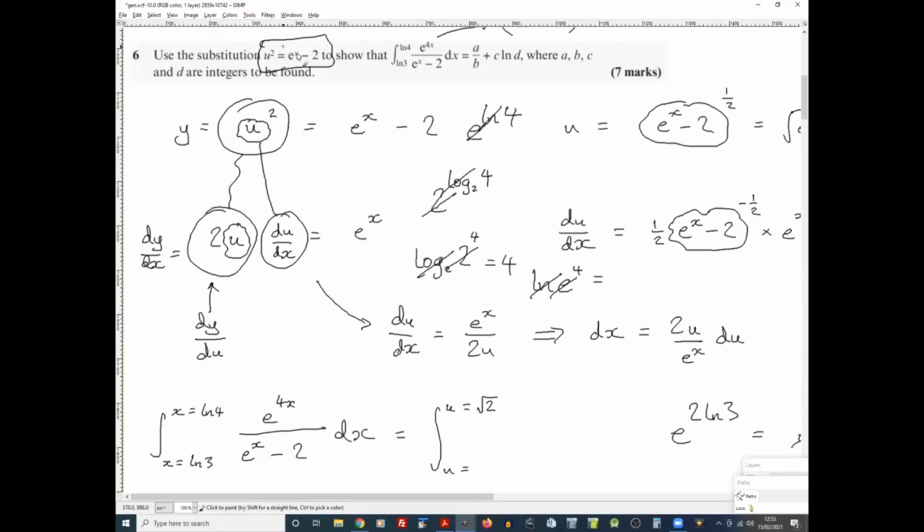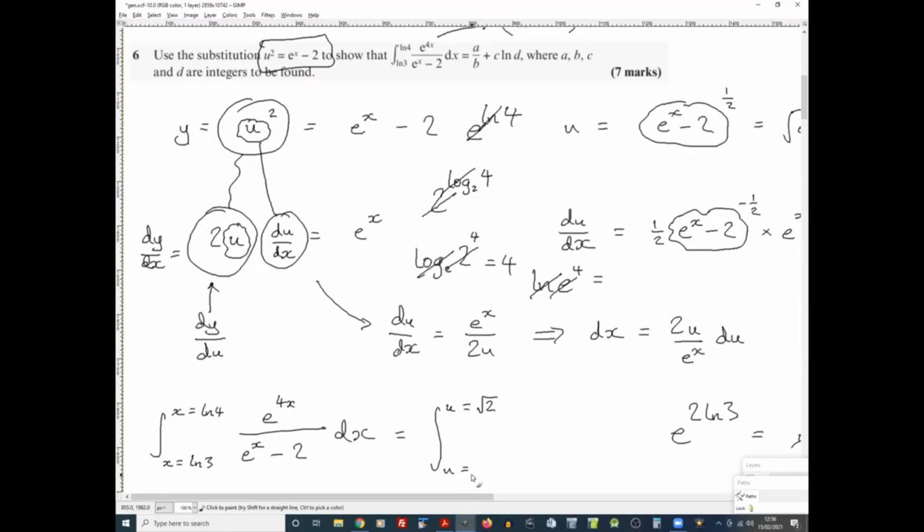When x is log 3, e to the x equals 3, so u squared equals 3 minus 2, which equals 1, so u equals root 1.